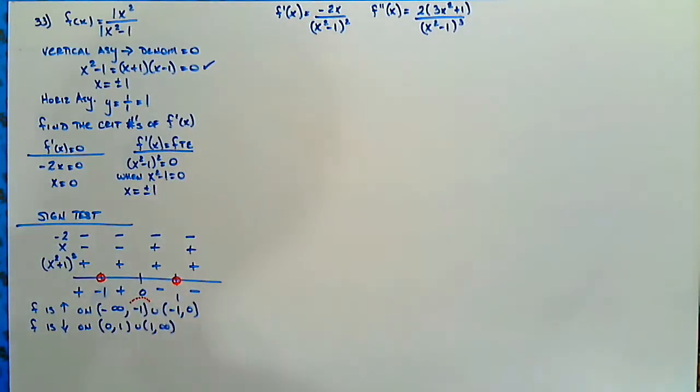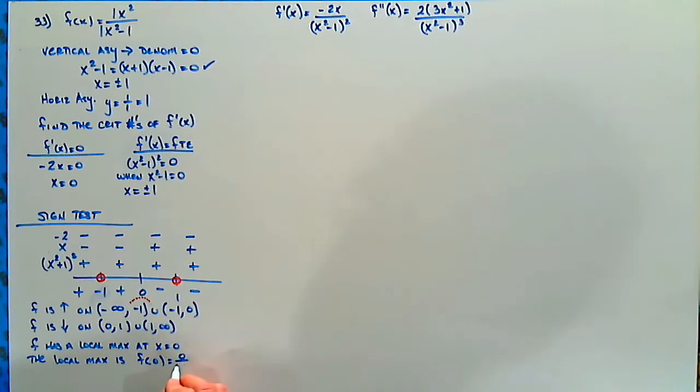So 0 is the location of a local maximum. f has a local max at x equals 0. The local max is f of 0. And f of 0 is 0 divided by negative 1, which is 0. All right?